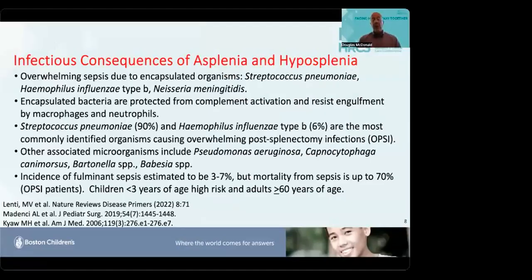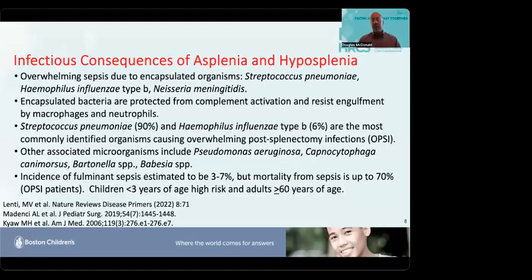Encapsulated bacteria are protected from complement activation, and they resist engulfment by macrophages and neutrophils, and that is what makes them particularly virulent. Strep pneumonia has been shown to be the main cause of overwhelming post-splenectomy infections.